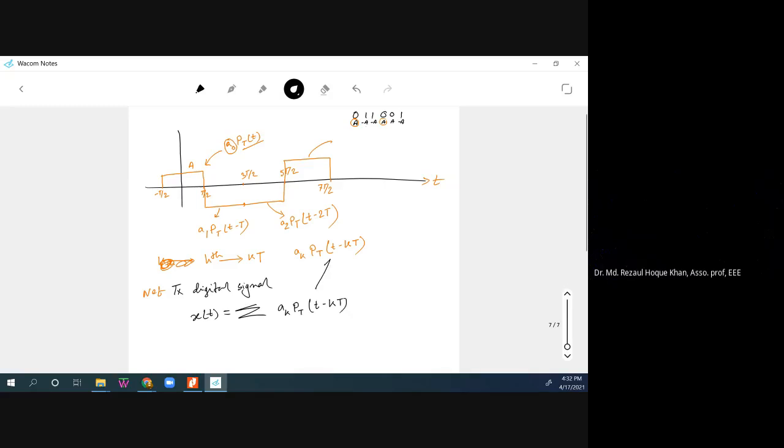Here we have to sum over k equal to minus infinity to plus infinity. So all the signals are summed. This net transmitted signal will be the summation of all the signals. This symbol, this symbol, this symbol, this symbol, and all the others. Got it? So this is the typical transmitted digital signal.